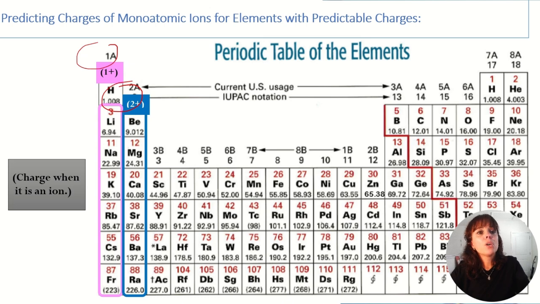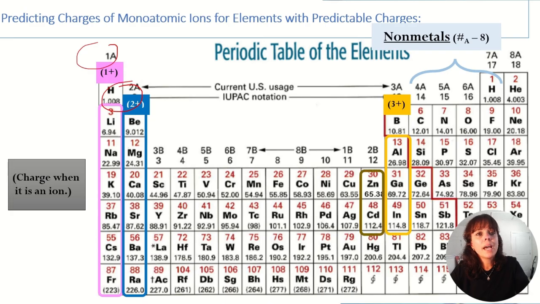If you go to the main groups, this group in yellow will be 3+, and then we have non-metals with charges -1, -2, -3, -4, right? So they can gain electrons.